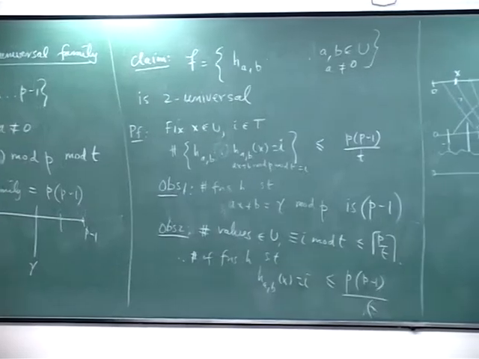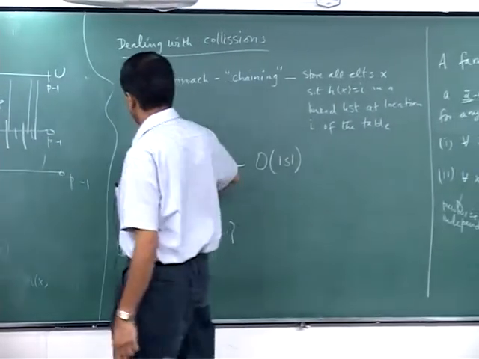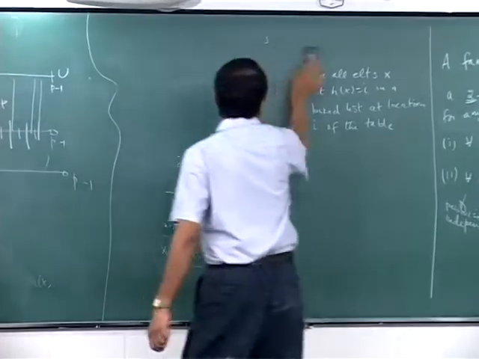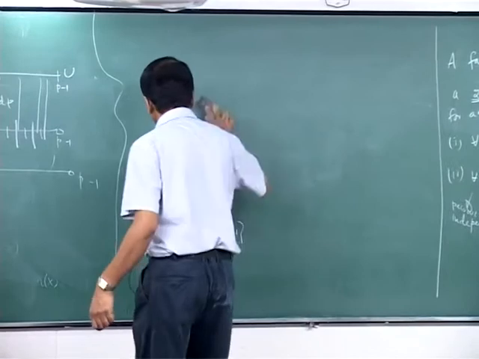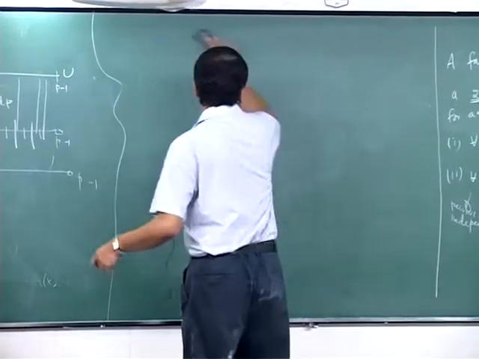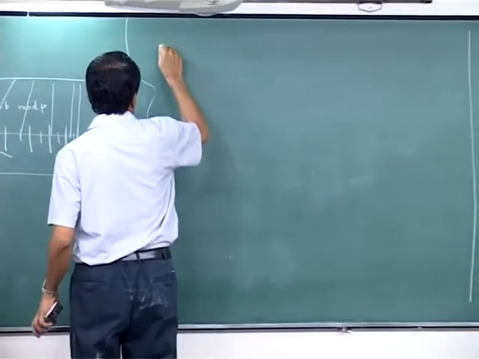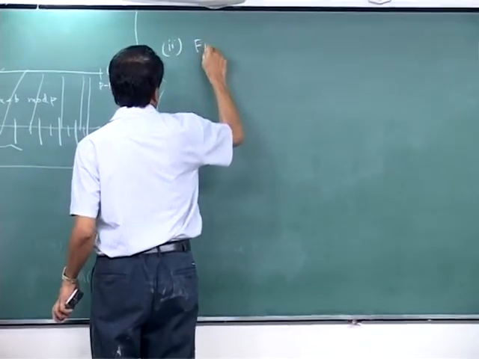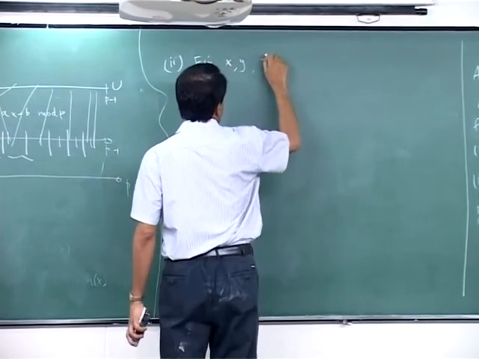What is the second approach? The second thing we need to show is this pairwise independence, right? Take x, y, x not equal to y.